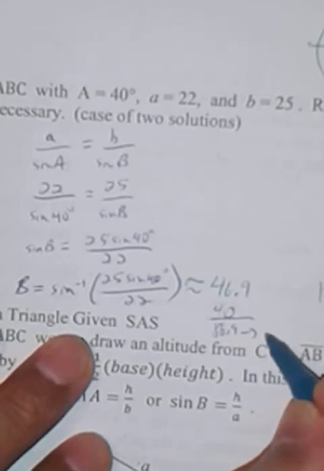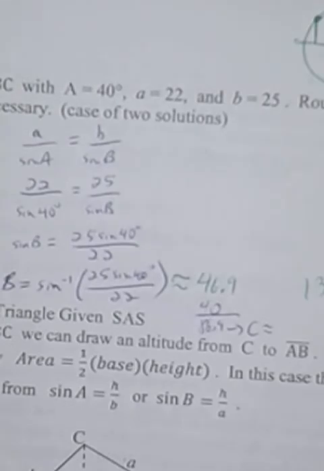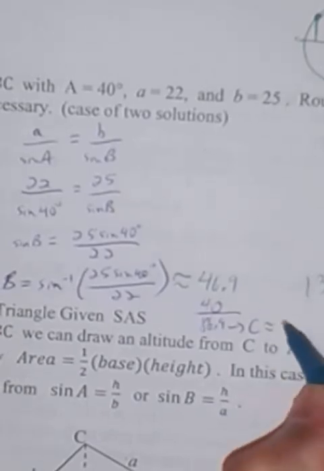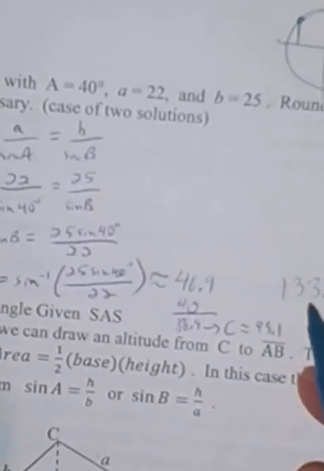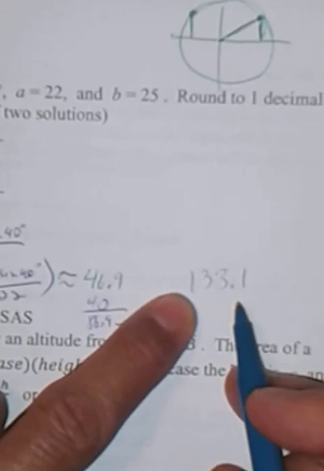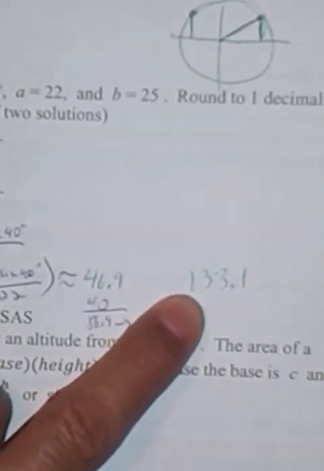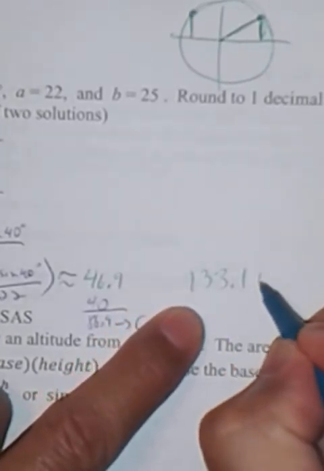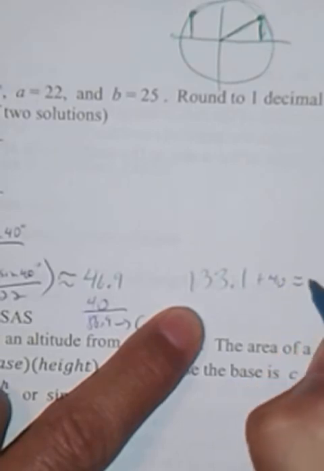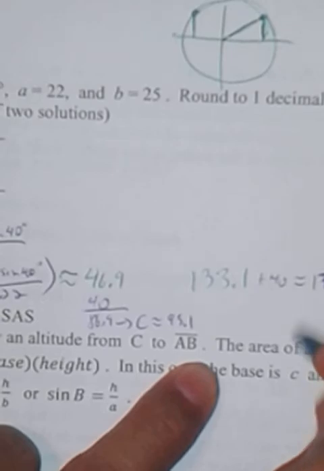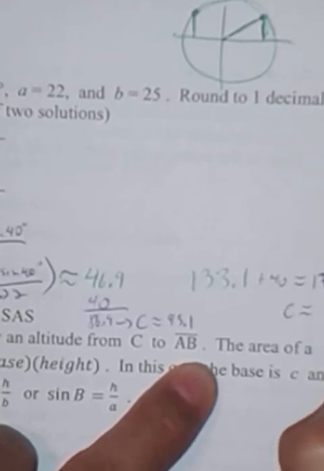And so angle C would be 180 minus 86.9, which will be 93.1. All right, and if angle B is 133 and angle A is 40 again, that's about 173.1. And notice that angle C would be about 6.9 degrees.